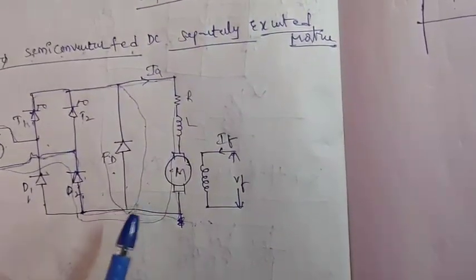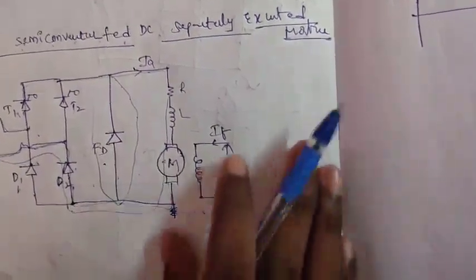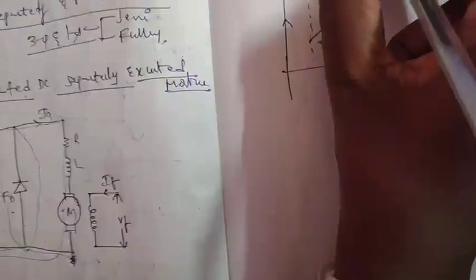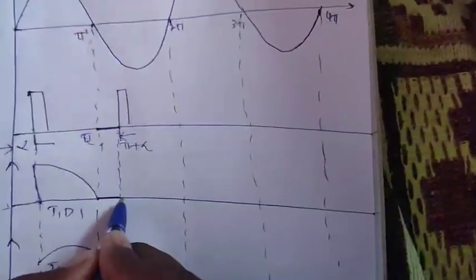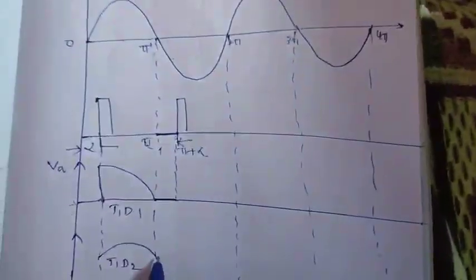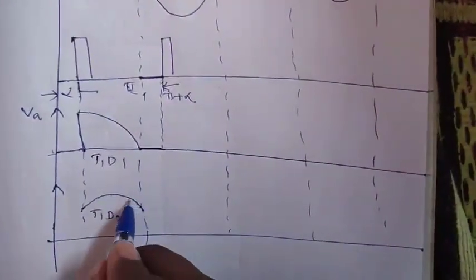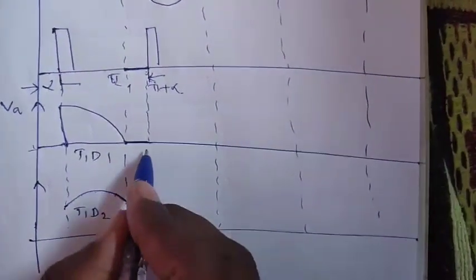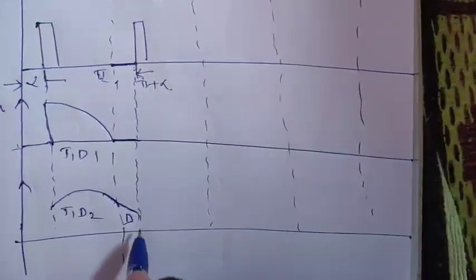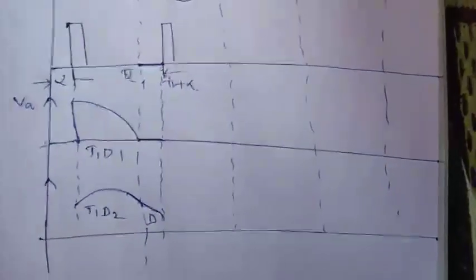We can see this in power electronics. During this period the voltage is 0 but current is there, flowing through the freewheeling diode.